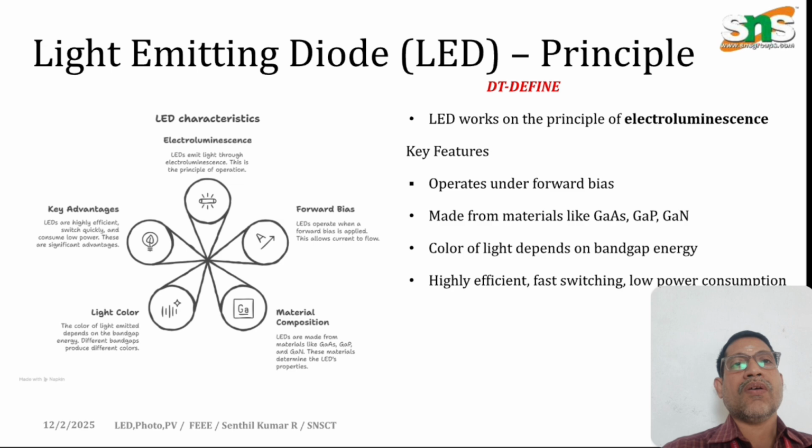Normally it operates on the principle of electroluminescence, and it operates in forward bias condition only. In order to get this electroluminescence effect, materials like gallium arsenide or gallium phosphide are used for the luminescence effect.